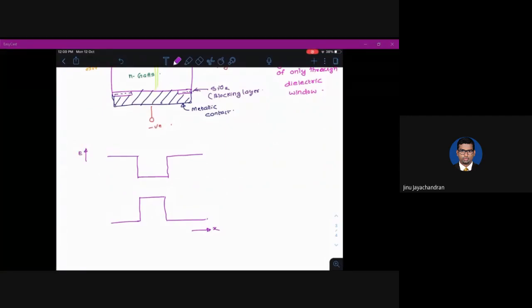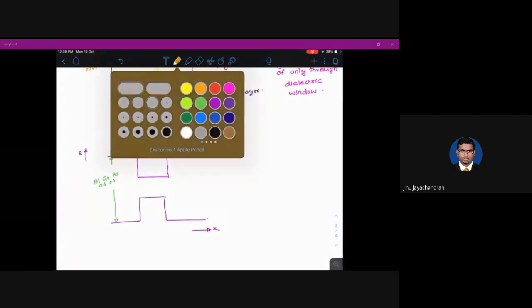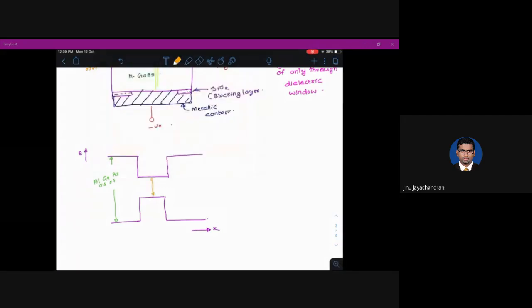So the first band gap is because of aluminum 0.3, gallium 0.7 arsenide. This is the higher band gap. And the lower band gap is because of aluminum 0.1, gallium 0.9 arsenide.